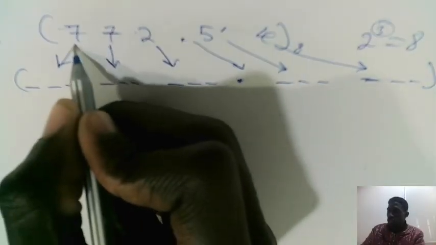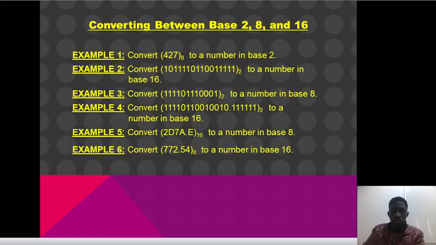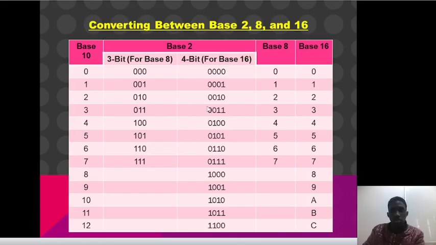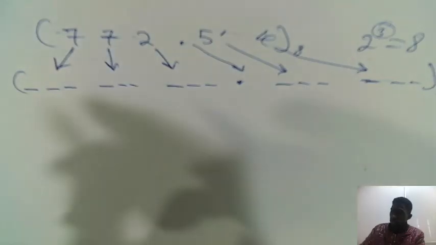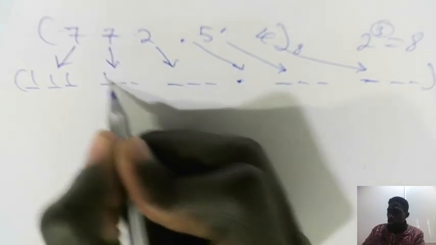So 7, we have to check the base 8. 7 in base 8 would correspond to 111 in base 2. 7 again corresponds to 111.